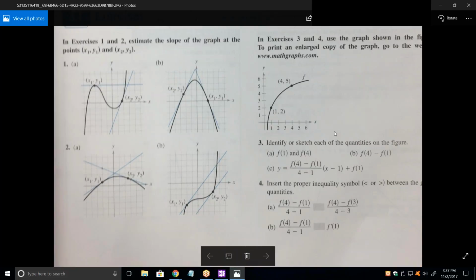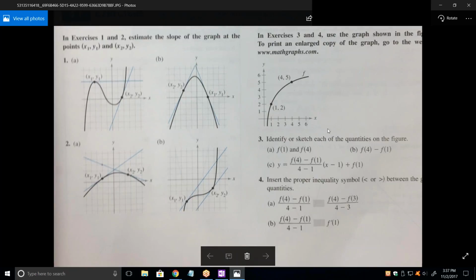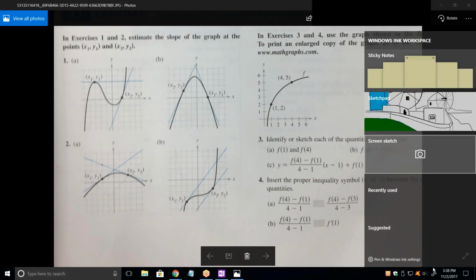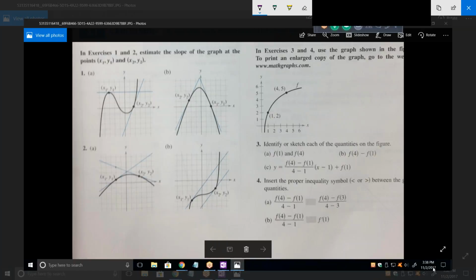Does this have to do with that graph? Okay. Well, the easiest way to do number 4 is to fill everything in. In other words, I think that's what it's all about. What is f of 4?